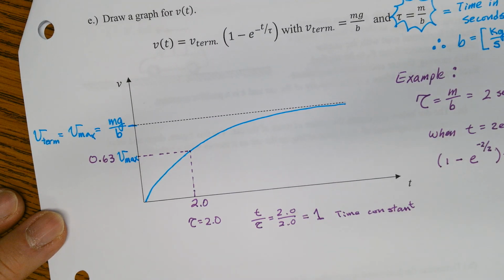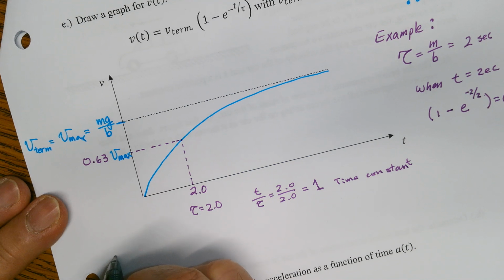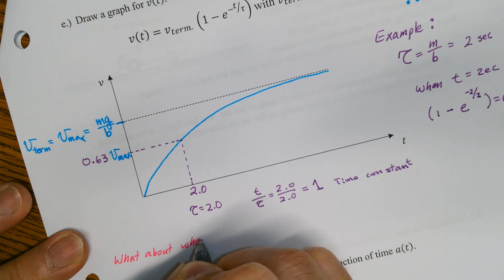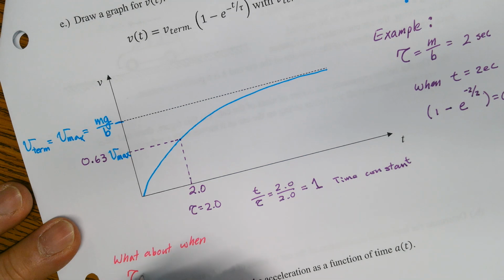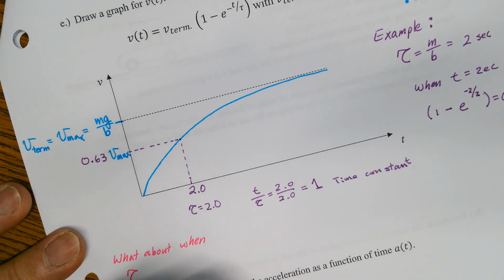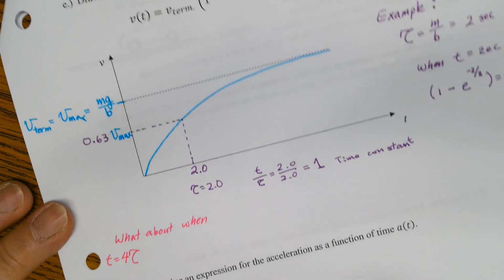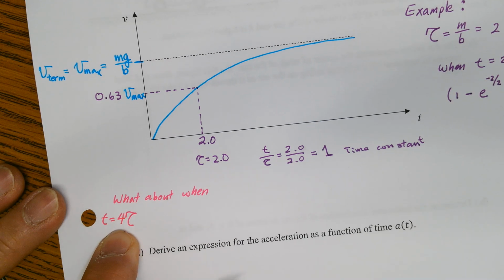If you take another example, let's say time t is equal to 4 times tau. That means t is equal to 8 seconds, basically.